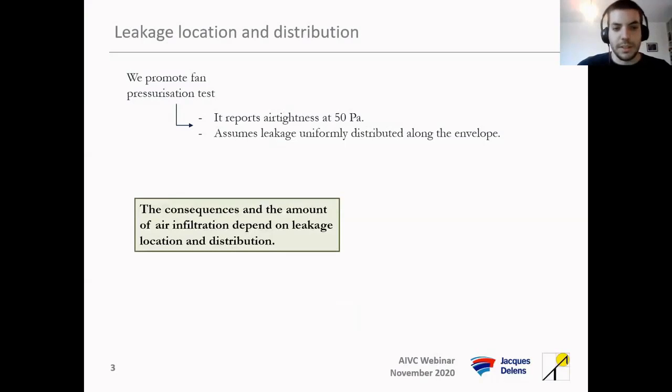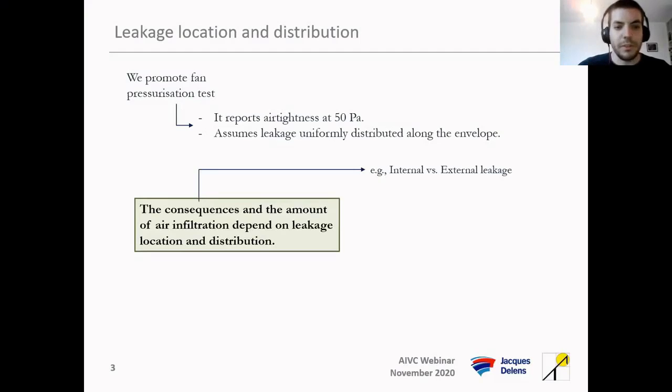For the consequences, it can be quite straightforward. For example, with internal versus external leakage, we suppose that internal leakage will have less effect on the energy consumption than external leakage will have.